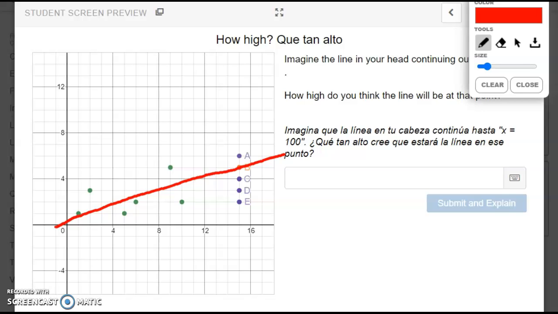It went from, I would say, here at 0 to here at 10. Okay, so that means it increased by almost 4, but not quite 4, maybe 3. Okay, so maybe 3 units up. So it increased by 3 units up when x changed by 10. So if I multiply 3 up by 10, that's going to give me 3 times 10 is 30.